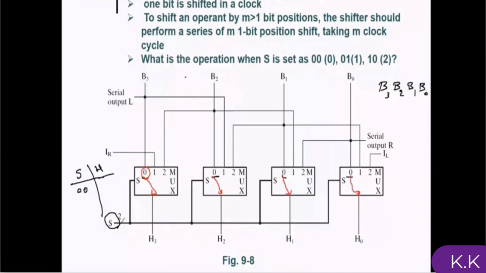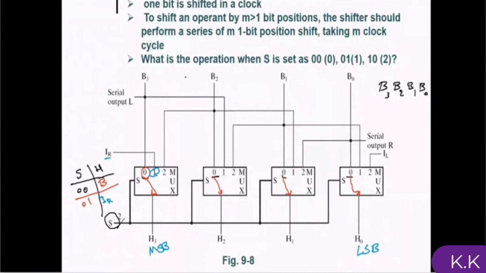Let's check the circuit. If S is 0, 0, what will be the output? I'm going to find it. So this will be selected and coming here, and for this one, and for this one, and for this one, let's see. What is the connection?